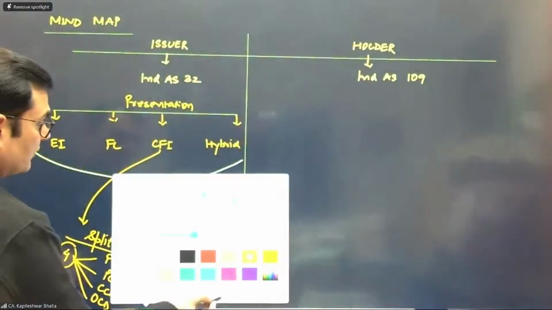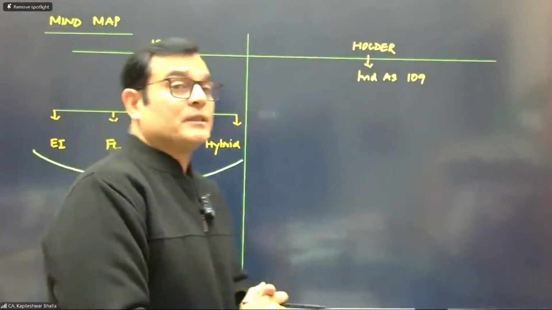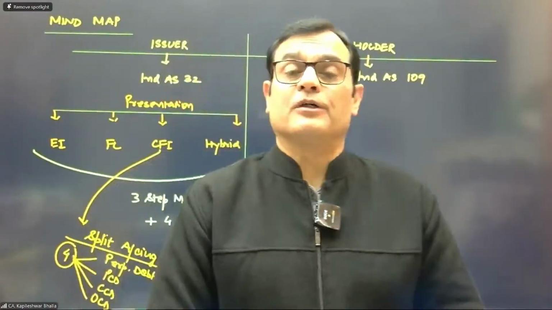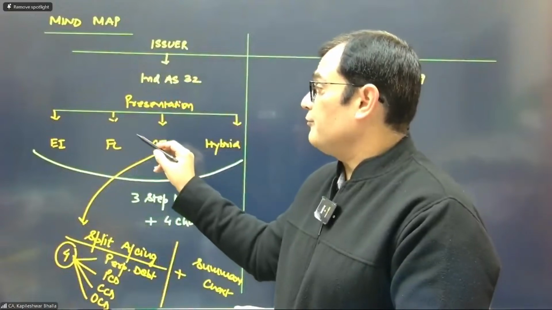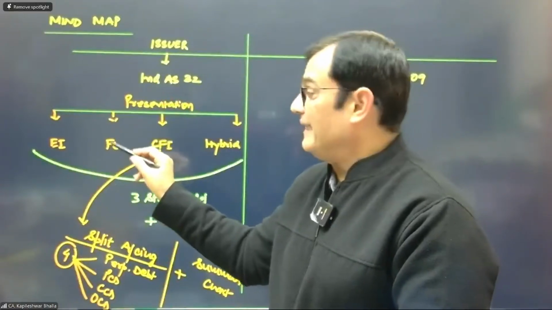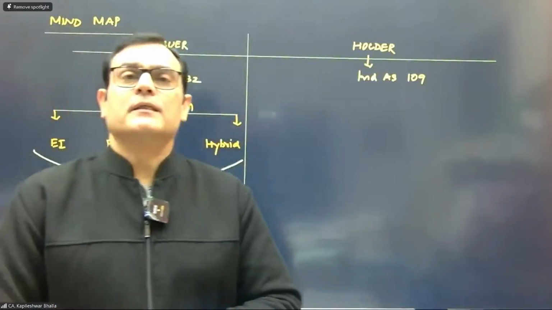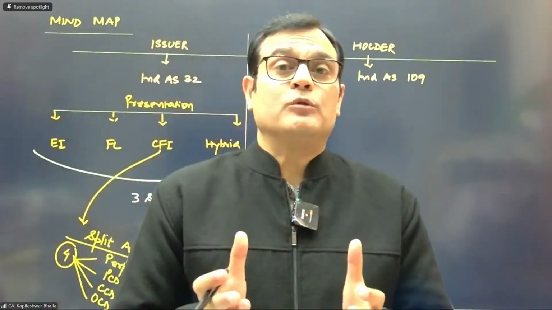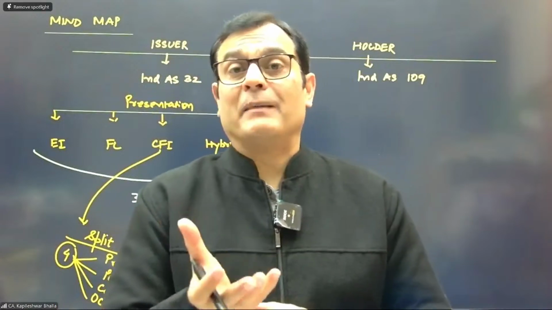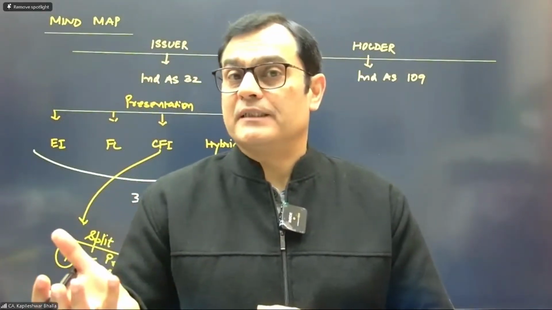Then we switched over to the concept of Ind AS 109. We said we have done the inputs in terms of the issuer, but the financial liability accounting is pending. For equity instruments, of course, the accounting is straightforward. I said we're not doing any questions on that, because when you issue equity shares, you know the entry: bank debit, share capital credit, and the premium, if any, gets a credit.